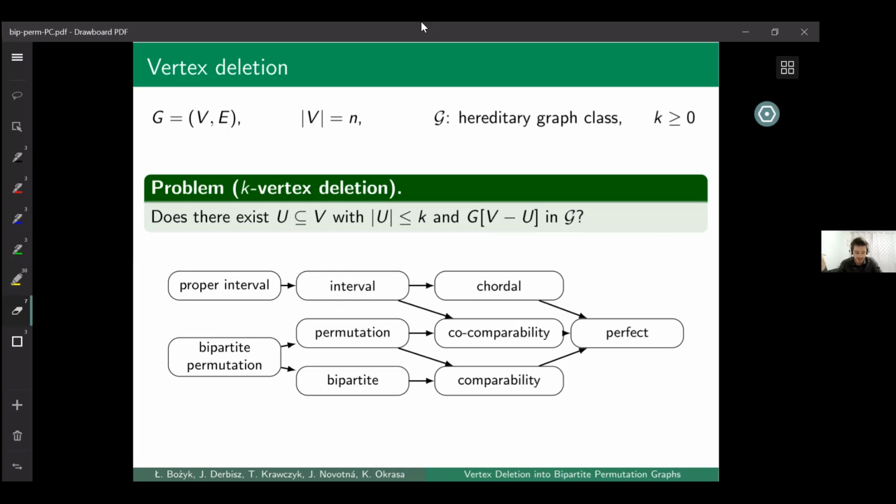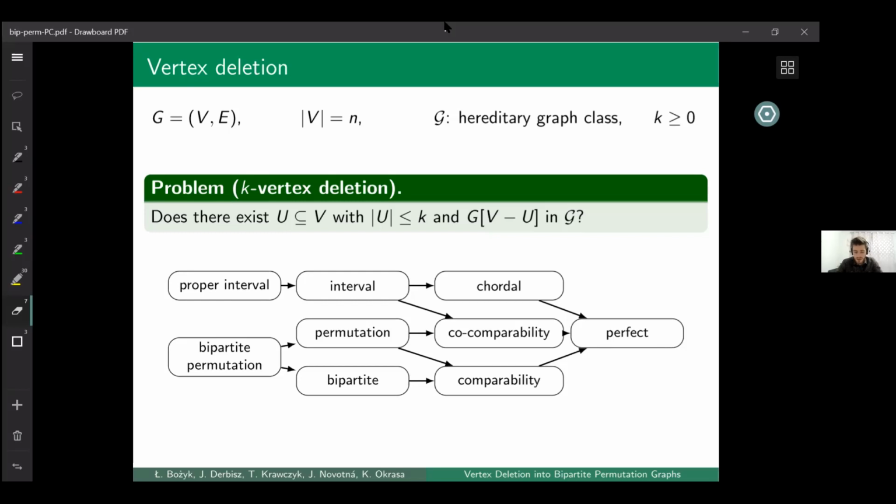I don't know how much you are involved in this stuff, but some classes that you can see here, for example, permutation or comparability graphs, are very tightly connected with posets, particularly two-dimensional posets, and those are also combinatorial structures whose nature we want to understand, and we want to be able to edit our objects to fit into them. So this was our main interest, to understand permutation graphs, for instance, in the context of ordered structures.